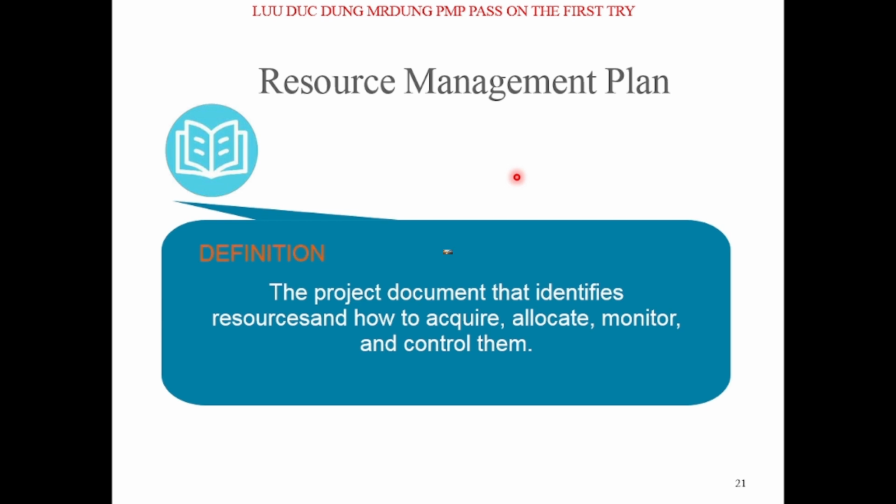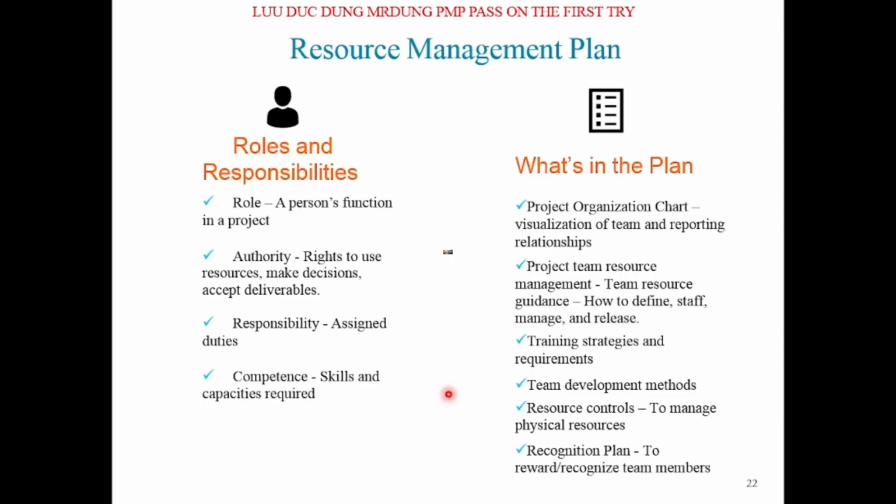Next is the resource management plan. We take a look at the definition. The project document that identifies the resources and how to acquire, allocate, monitor, and control them, or the plan to manage the resources.